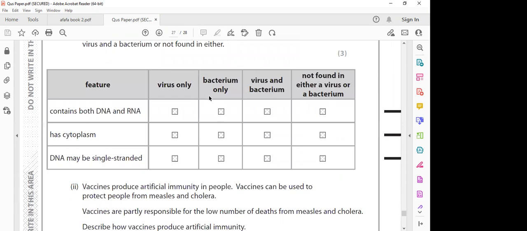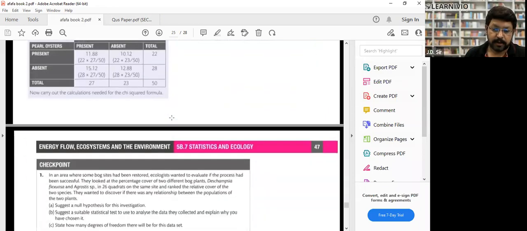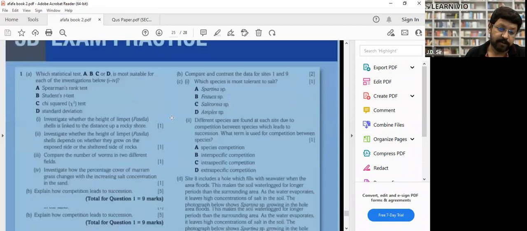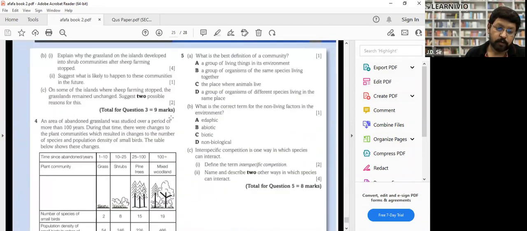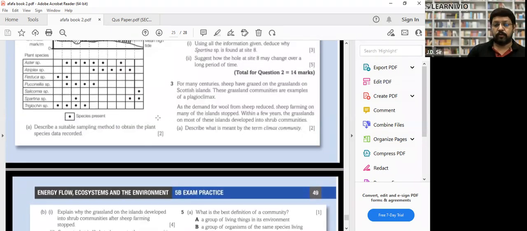Yeah. So this was your book, right? Okay, so we finished 5B. Exactly, we finished 5B. Now you have to search for some questions, get some questions from the different sources you have, and then solve them.